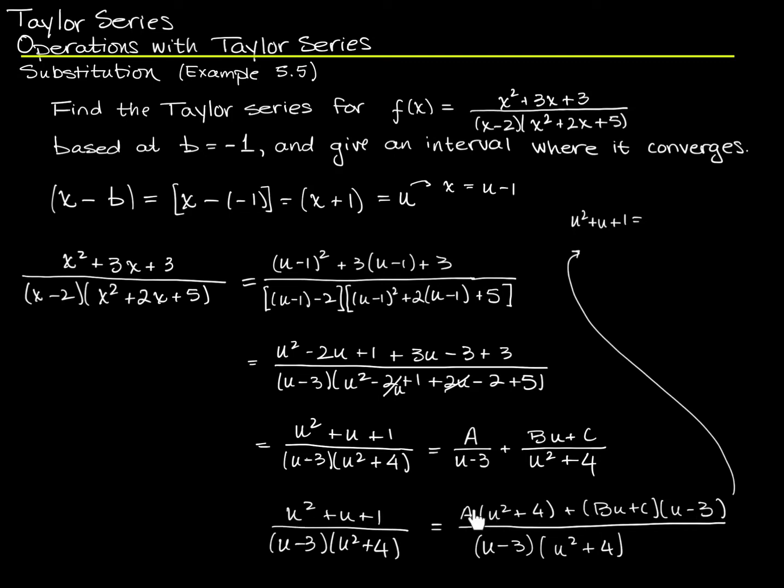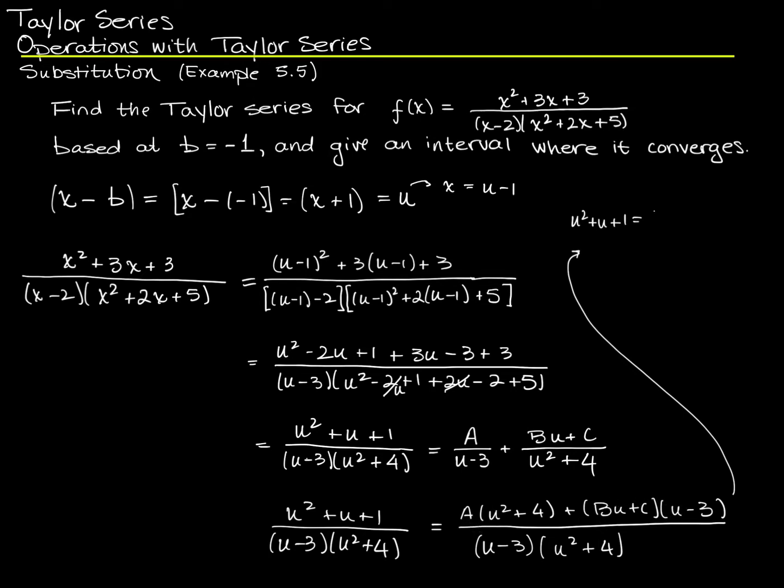So this numerator must be equal to this numerator, and if I expand it and simplify, I get A times u squared plus Bu plus Cu plus my constants 4A. Oh, I have a Bu squared as well. So this is not quite correct. Let me start over. I have Au squared here, and I have a Bu times a u there.